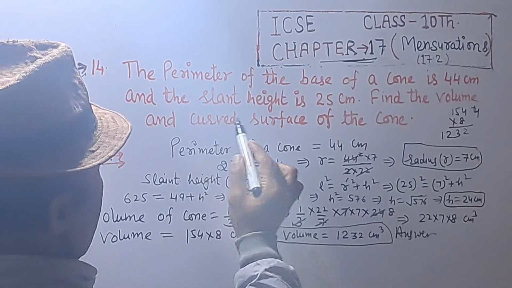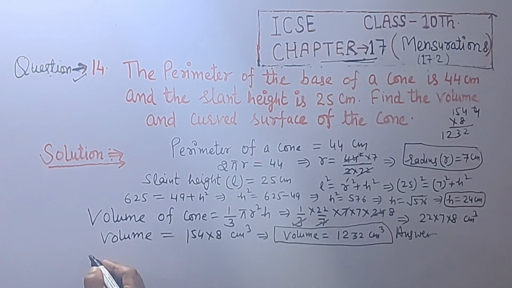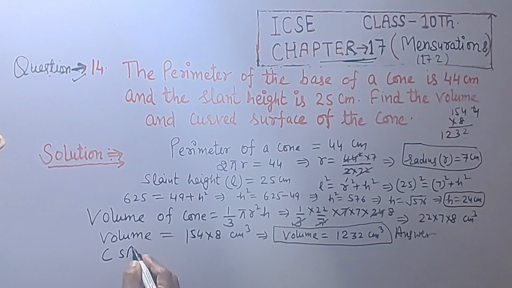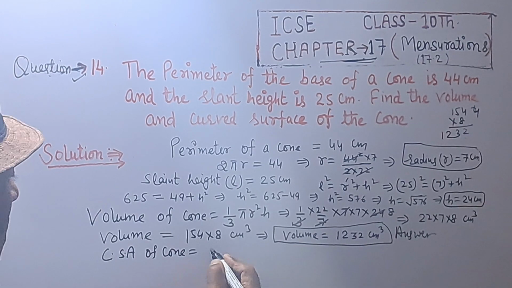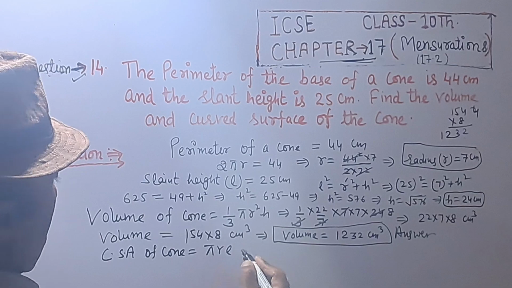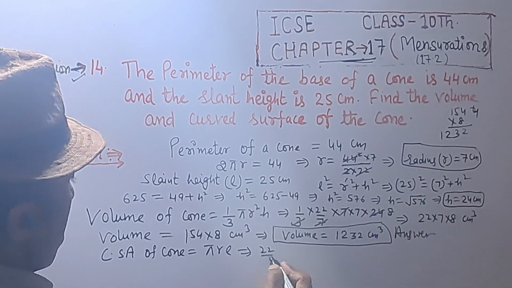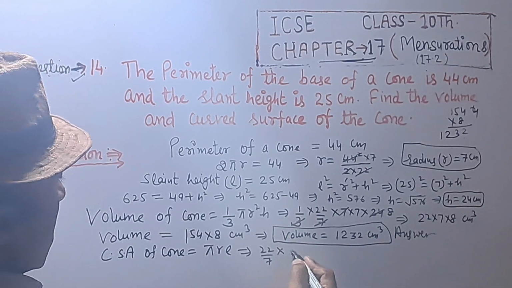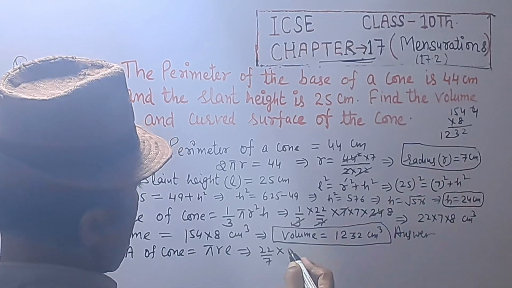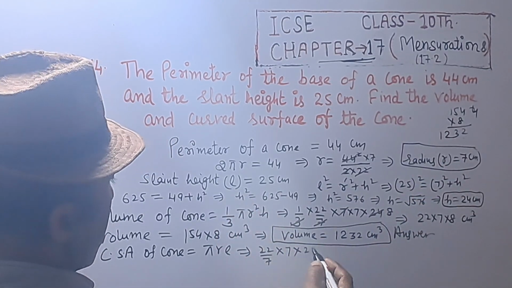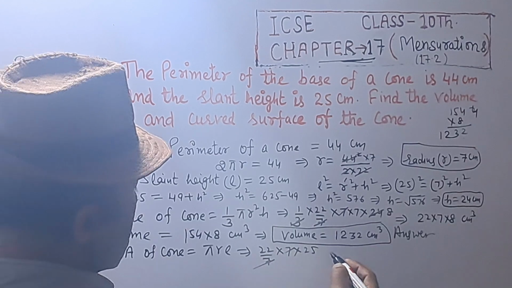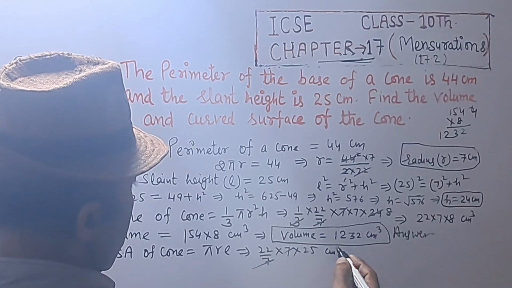Answer. And curved surface area. Curved surface area of cone, that is equal to pi r l, which implies pi is 22 upon 7. Radius is equal to 7 and slant height L is equal to 25. 7 is cancelled. Centimeter square.